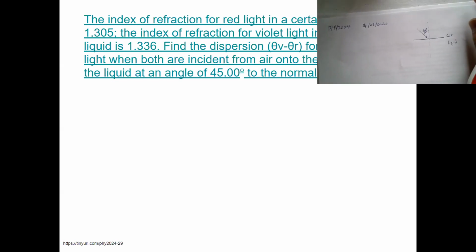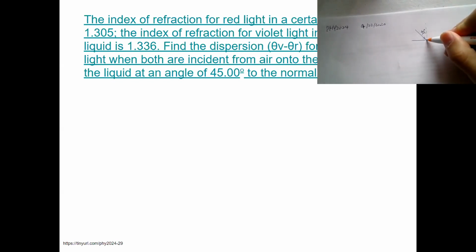Now the red light has a smaller index of refraction, so it will be deflected less. If this is the original direction of the light, then the red light will be diverted less than the violet.